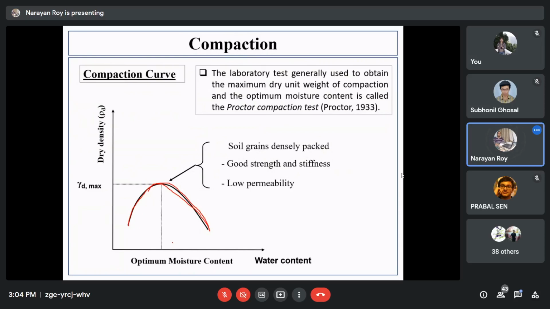Now once the compaction is over, if we take some soil sample, we can measure the water content, and from that water content we can find out the dry unit weight of soil.